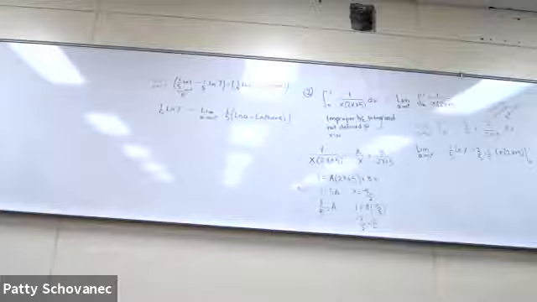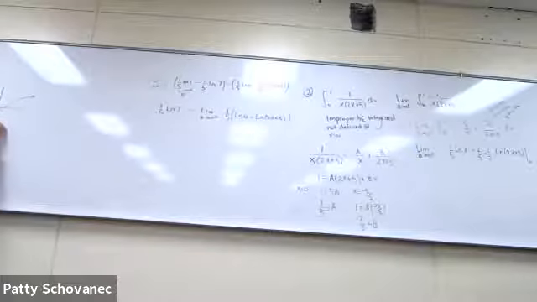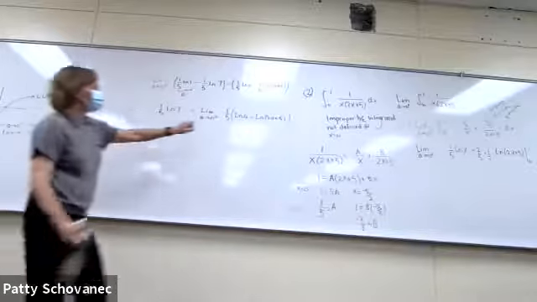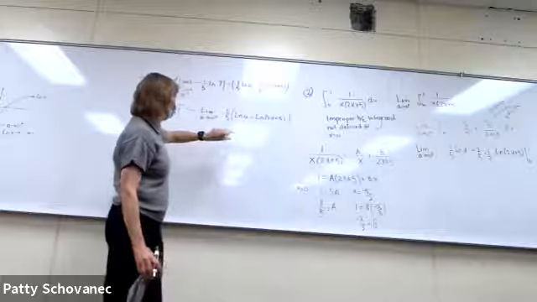Remember a logarithm? What's it look like? A logarithm does something like this. This is 1. So as a goes to 0, the natural log of x goes to minus infinity. So this is going to minus infinity, right? A is going to 0.